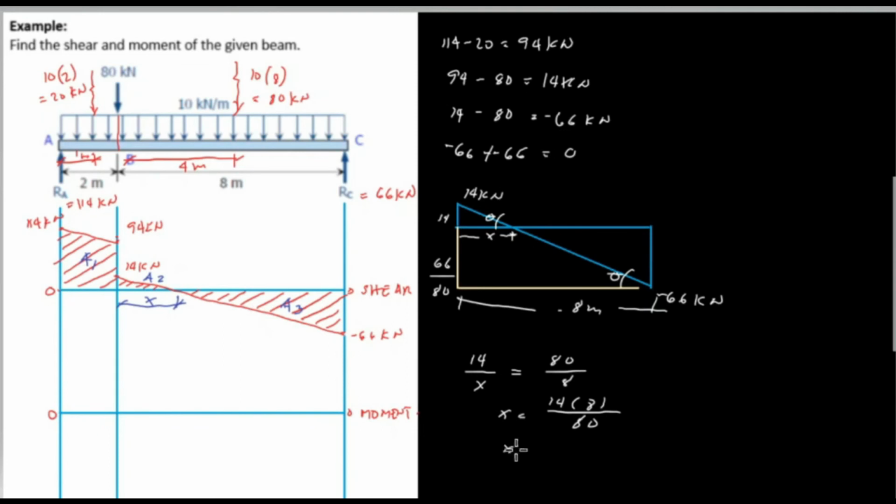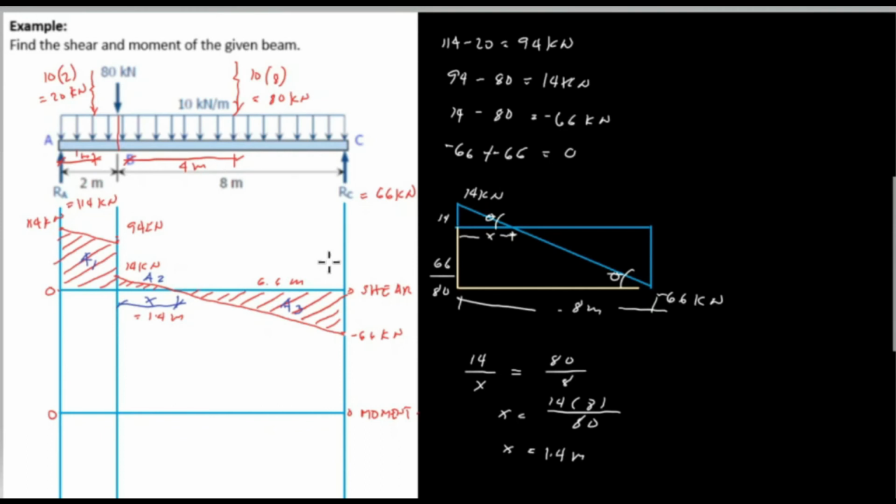So let's check, 14 times 8 divided by 80 is equivalent to 1.4 meters. So the distance from B to 0 shear is equal to 1.4 meters. And the remaining distance is 6.6 meters.